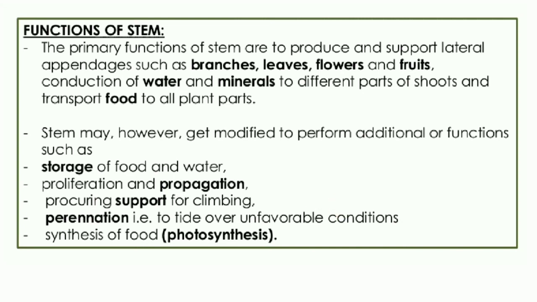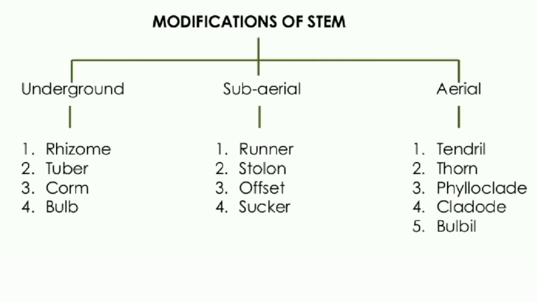In that condition, it will just form the seed. The seed will reduce the moisture, but it retains the embryo alive, so that when it gets sufficient water, sufficient food, it again starts development into new plant. Lastly, synthesis of food by photosynthesis, means in some cases the stem becomes green and performs photosynthesis.